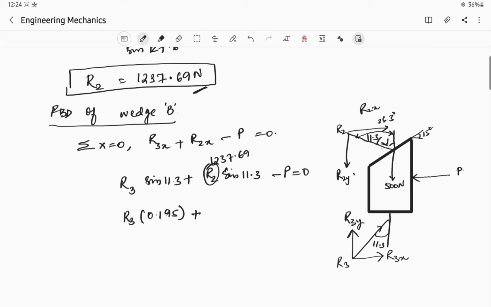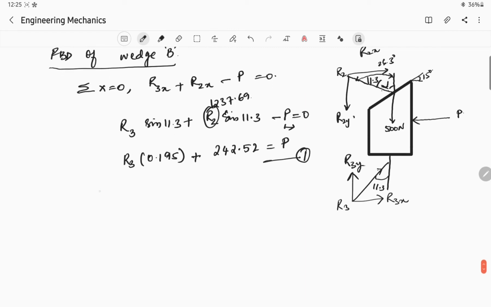You'll get it as 242.52. 242.52 is equal to P. We'll send this term towards the right-hand side. We cannot simplify this equation further, so we'll name it equation number 1.